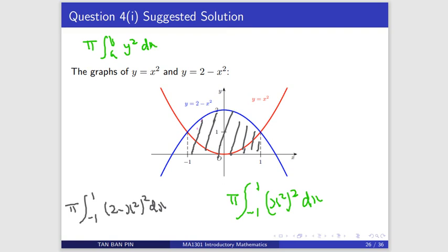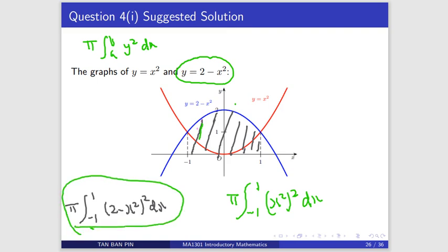So if you consider y equals 2 minus x squared, which is the blue curve, and you do pi y squared dx, integrating from -1 to 1, you're taking the area under the blue curve, so we take the shaded region and rotate about the x-axis. This will find the volume of the solid formed by rotating the shaded region here about the x-axis.